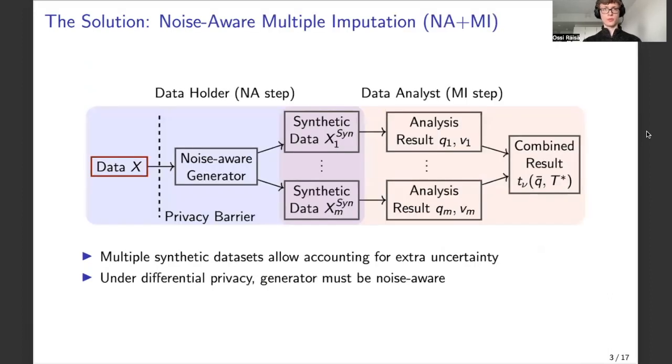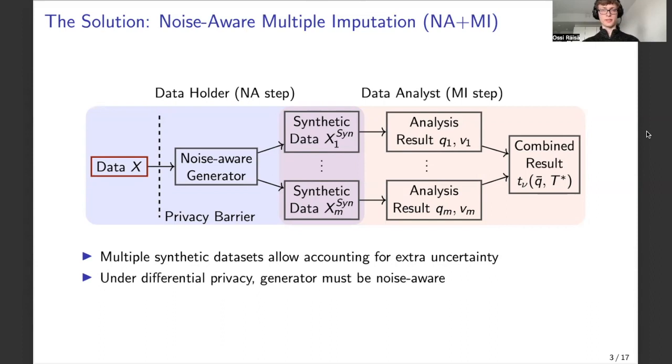All right, our solution to this problem is called noise-aware multiple imputation, or NA+MI. Multiple imputation was originally developed to deal with this problem of uncertainty estimation when imputing values when you have missing data. And it was later adapted to deal with synthetic data.